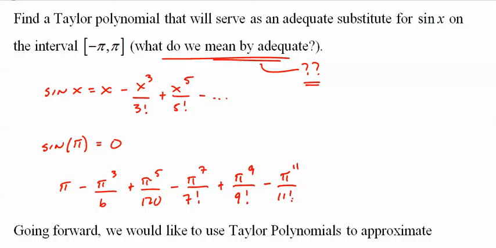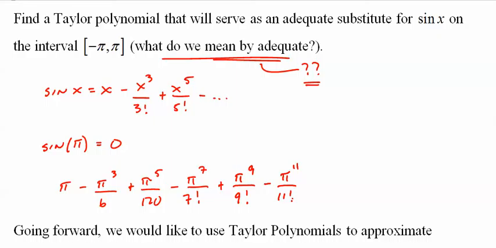This does take some time, especially when you screw up. And last one, pi to the 11th divided by 11 factorial. And I get a really, really small number.